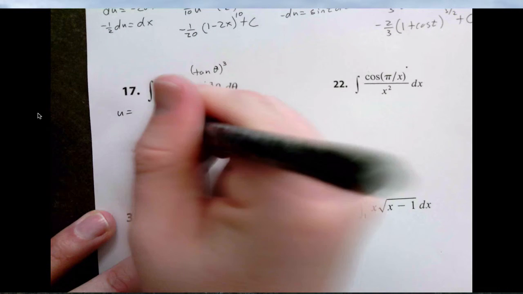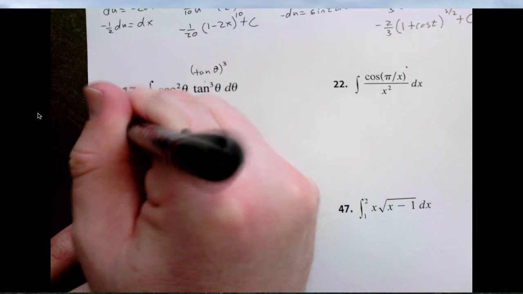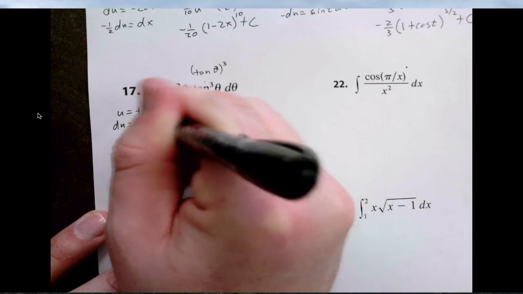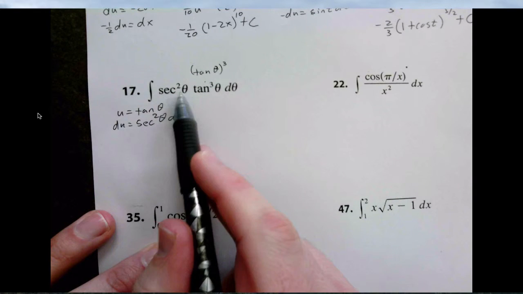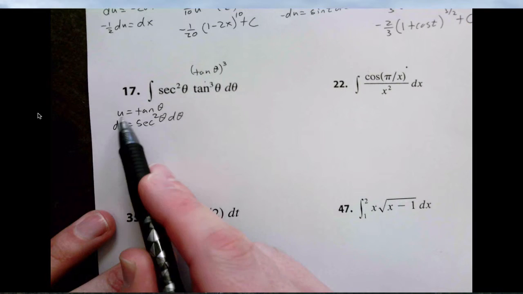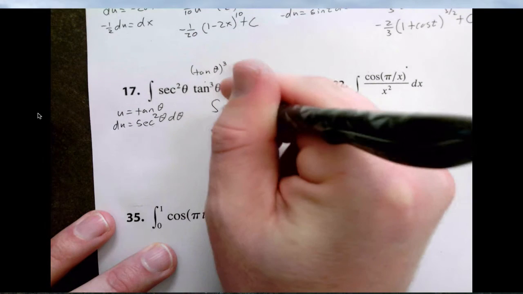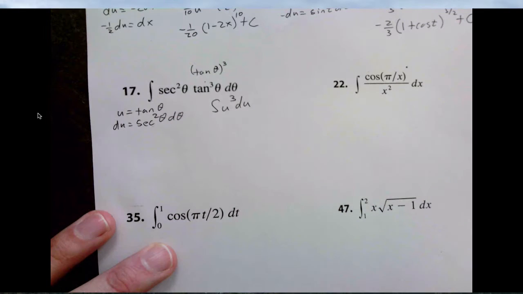When u is set equal to tangent of theta, then my derivative looks like secant squared theta d theta. So I can replace secant squared theta and d theta by du. The tangent is now u, so I am down to u to the third du. So it's a nice cleanup.